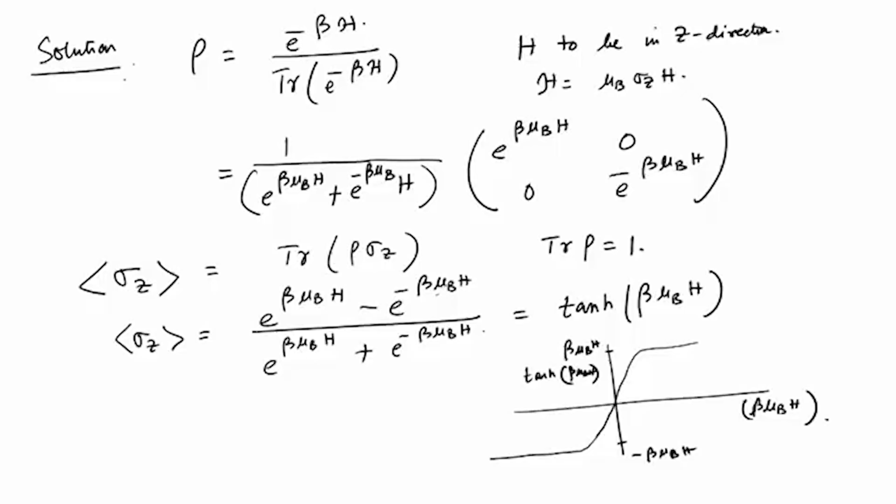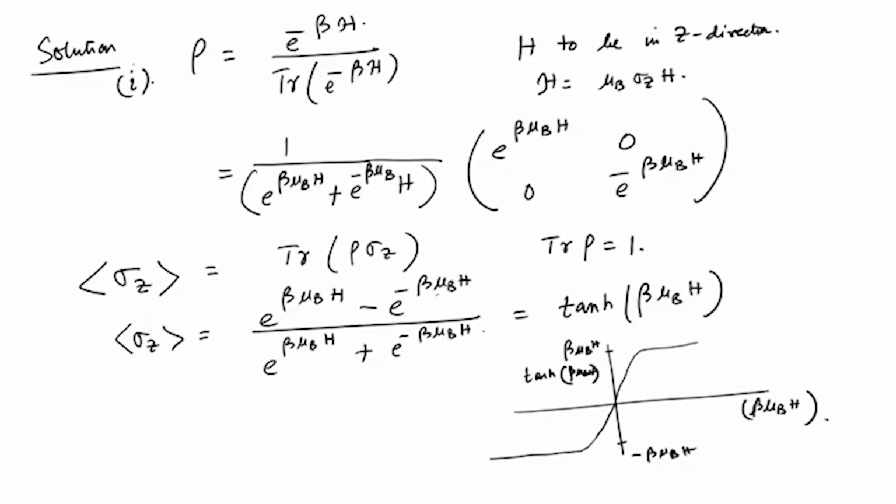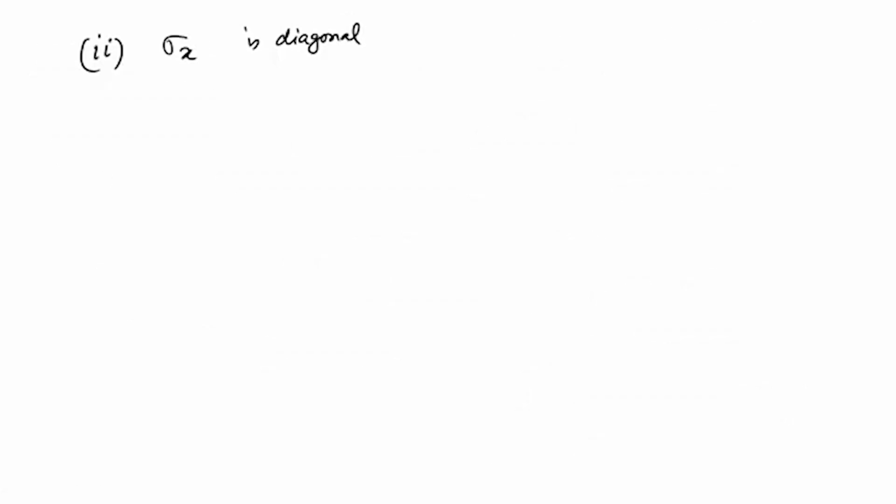But let me now do it from the other representation, and this is slightly tricky, but you can do it by inspection. You have to do it in the basis in which sigma x is diagonal. Just to remind you, this is where sigma z is diagonal, and here sigma x is diagonal, but sigma x by itself is not diagonal.